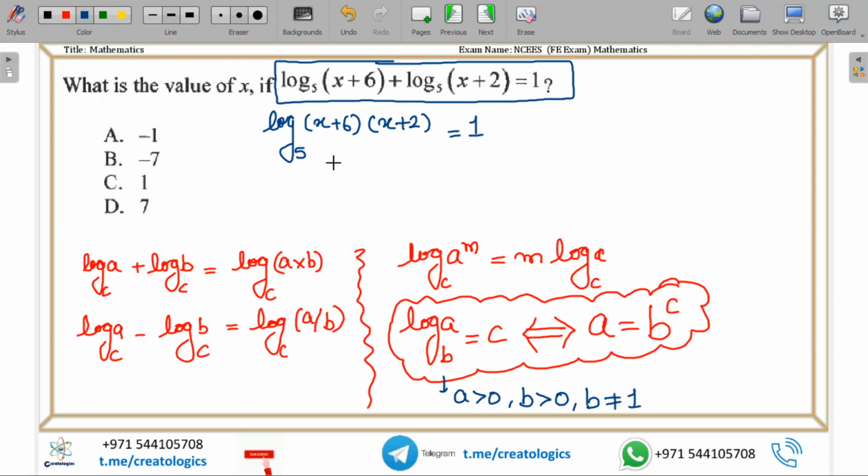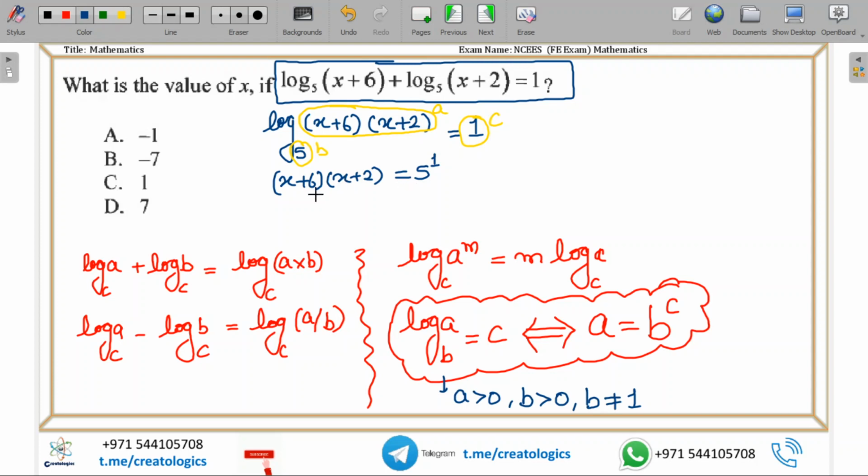Now I will use the definition of the logarithm, which says this argument, (x plus 6) times (x plus 2), is going to be equal to 5 raised to the power 1. This is my a, 5 is the base b, and this is c. I am using the definition, which gives me (x plus 6) times (x plus 2) is equal to 5.